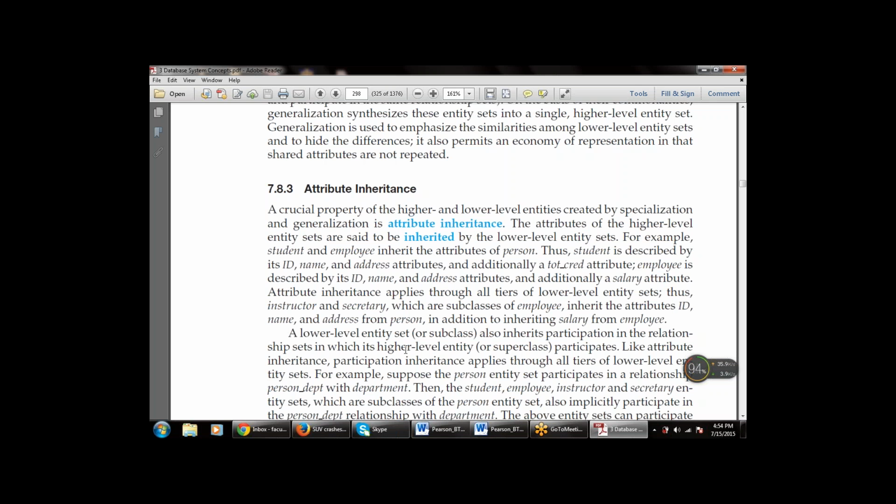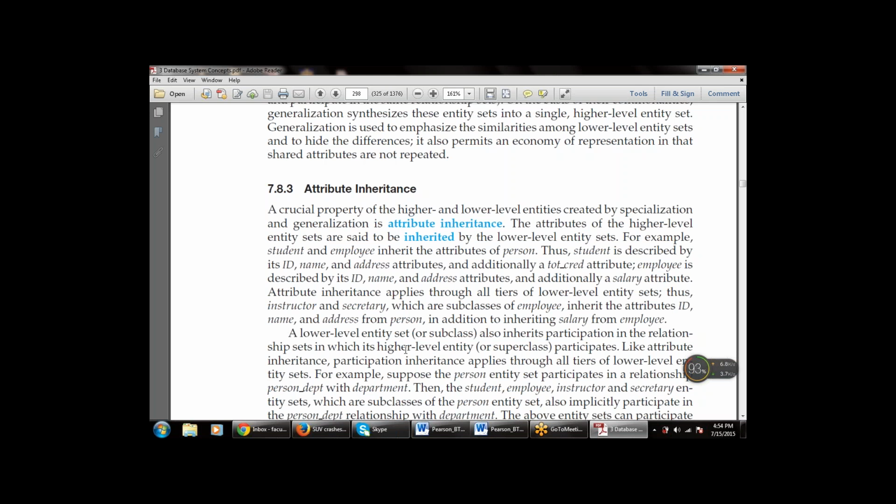For example, student and employee inherit the attributes of person. So the student is described by its ID, name and address attributes, and additionally a total credit attribute.